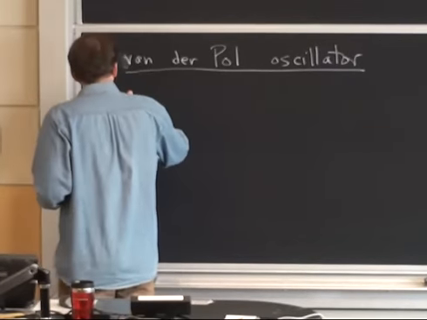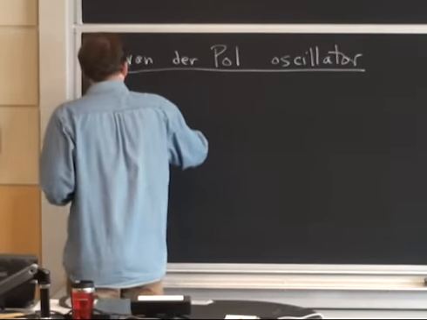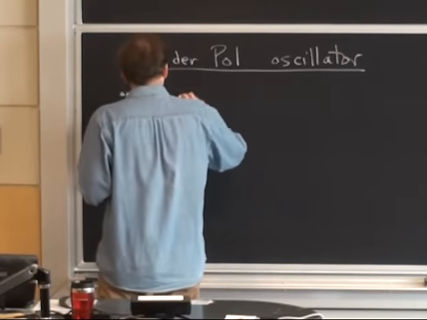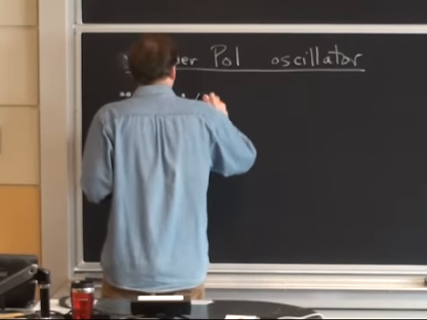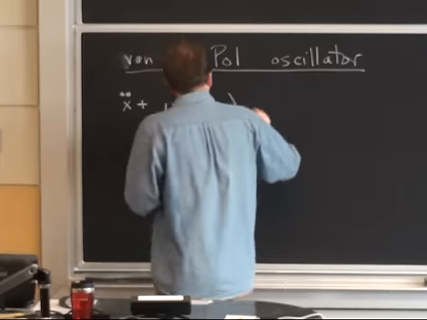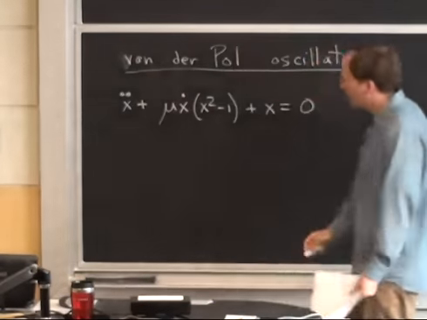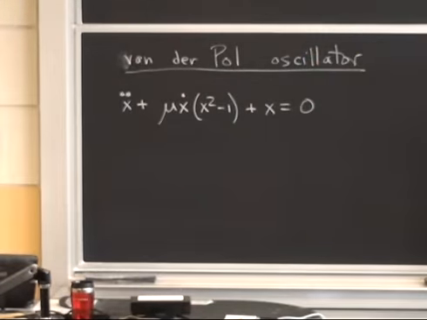It's x double dot plus a constant mu times x dot times (x squared minus 1) plus x equals 0. So a few words about this.